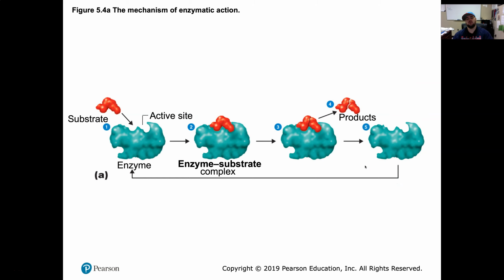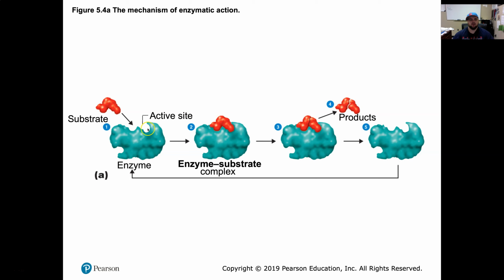This is just showing you how mechanistically the enzymes work. You have your active site, which is where the substrate binds. The substrate is anything that the enzyme works on. Enzymes are pretty specific. They'll work on a specific given substrate. They're not like one size fits all and work on anything.